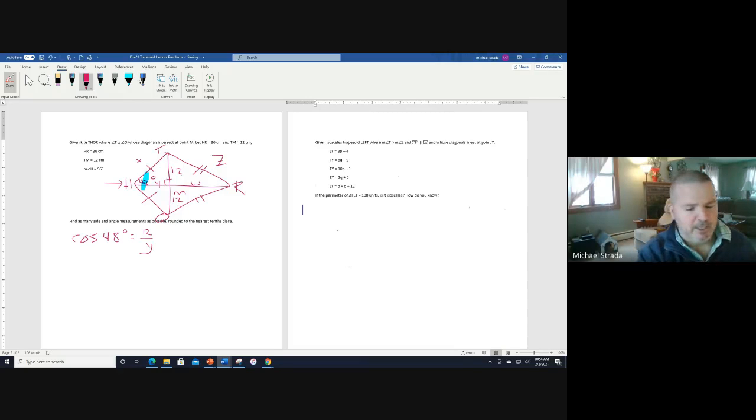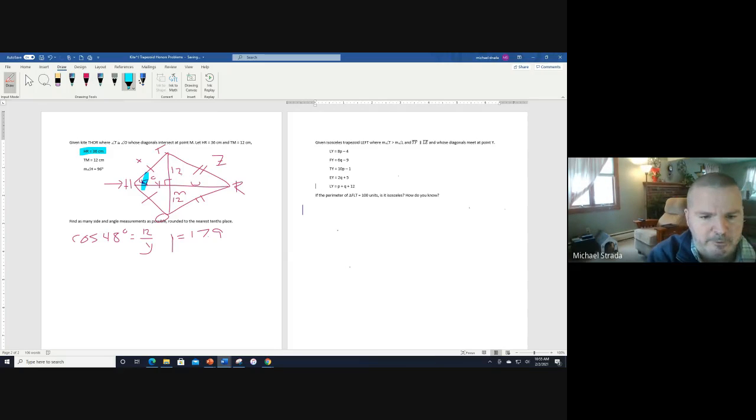Because y is in the denominator, I'm going to divide 12 by cosine 48. By now, you should hopefully know how to do that. And y comes out to be 17.9. So y is 17.9.